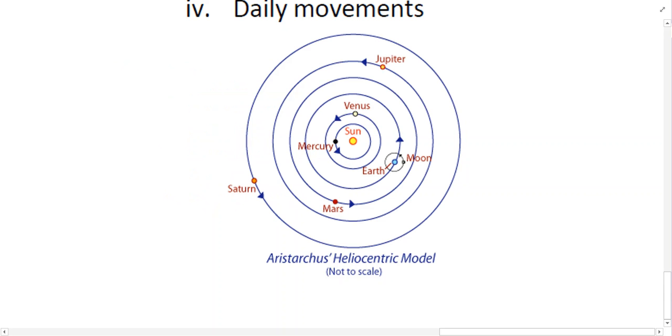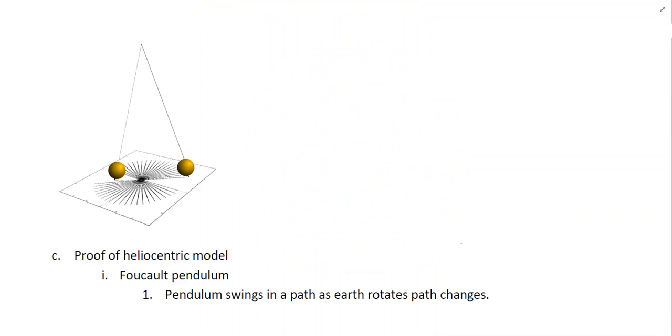You'll notice that it puts the sun at the center here, and all of the planets, including Jupiter and Venus and us, we all orbit around the sun. Our moon independently orbits us. The planets all orbit the sun, which is at the very center, which is why it is a heliocentric model.